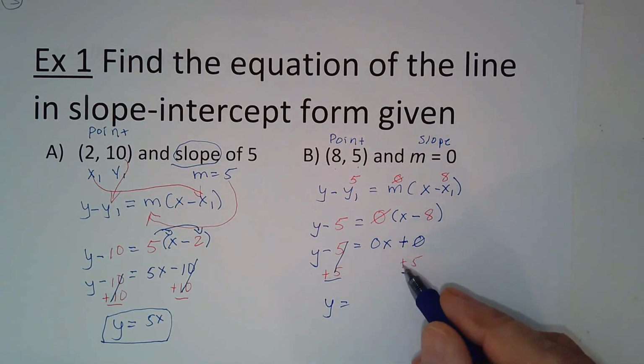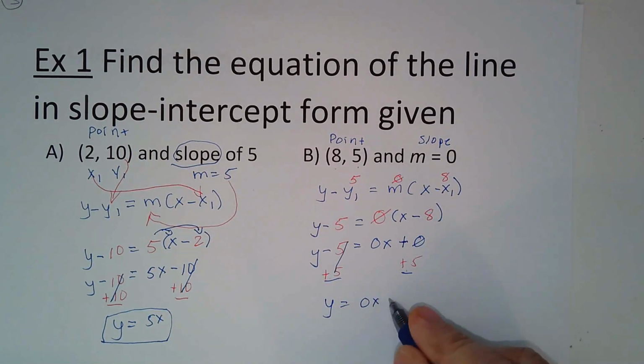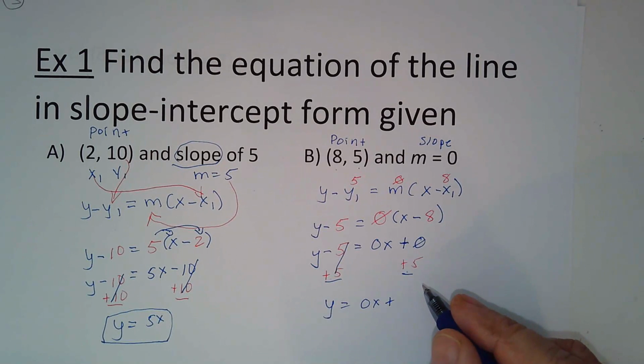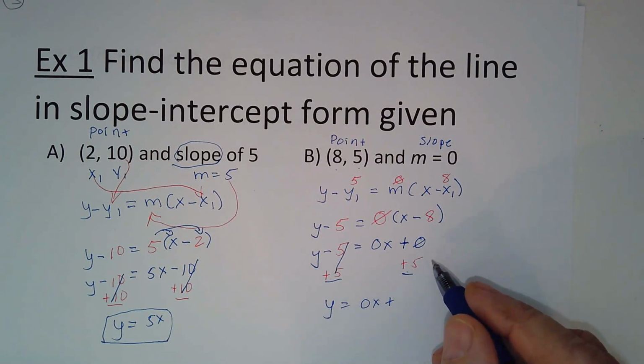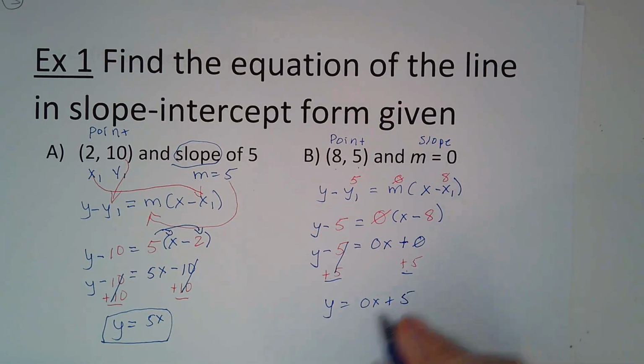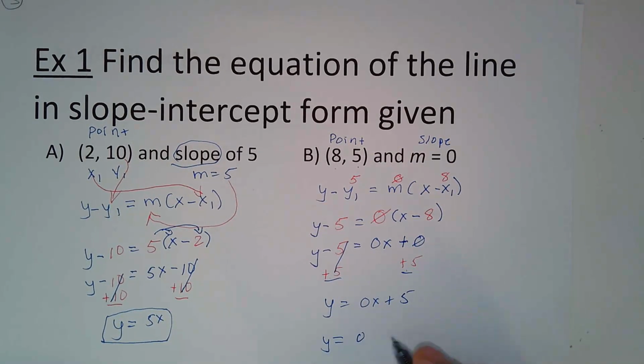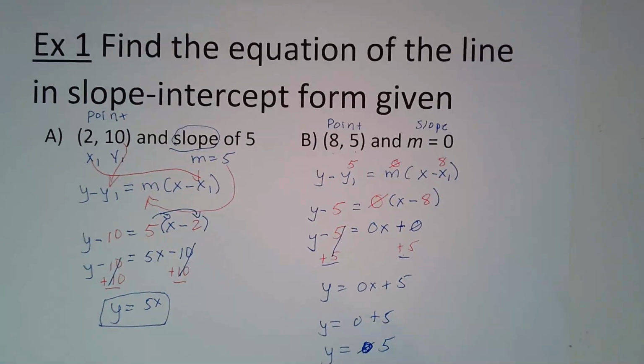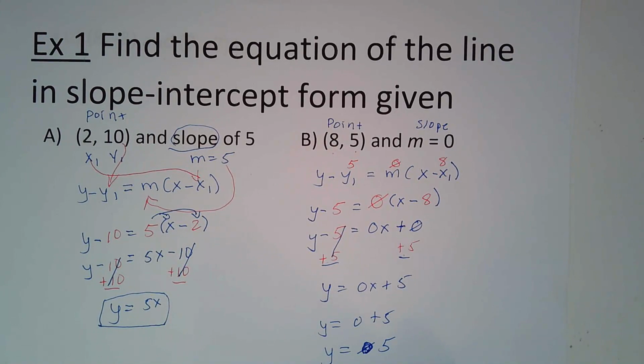Now, this would be 0x plus 5, right? Well, wait, is it 5? Well, we're adding 5 to both sides, yes. So it's 0x plus 5. Well, this is really y equals 0 plus 5. So y equals 5. Okay, so there you have it. You've got your equation y equals 5.